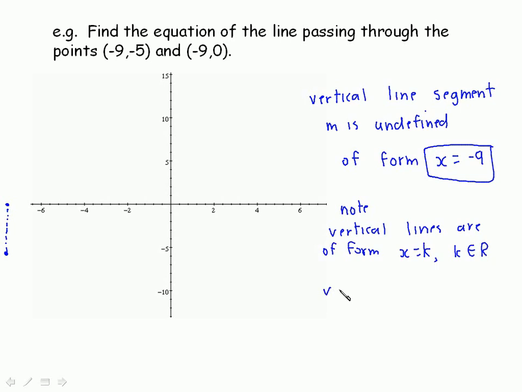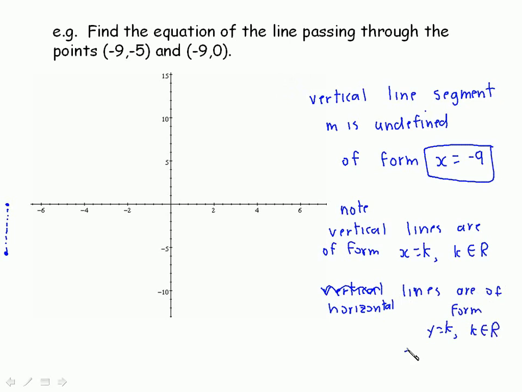And then similar to that, horizontal lines are of form y is equal to any number k, where k is a real number.